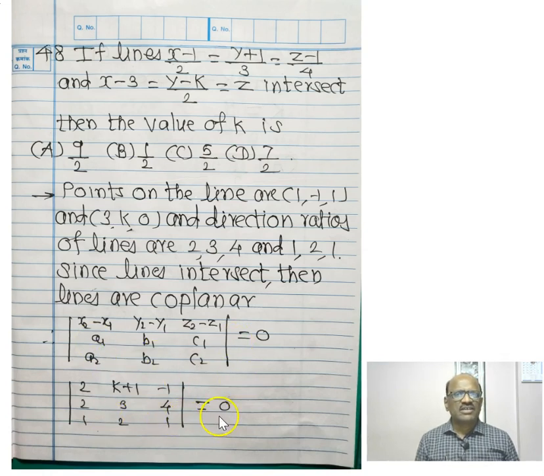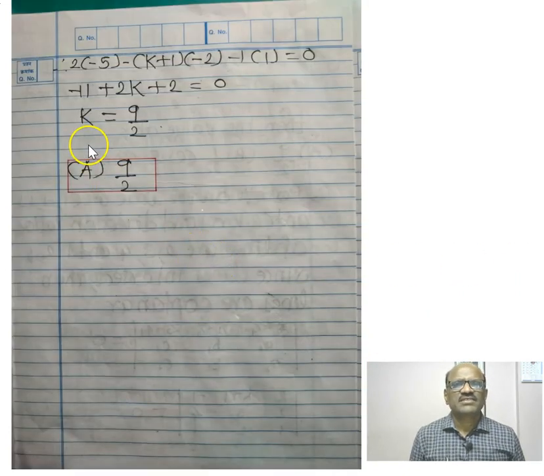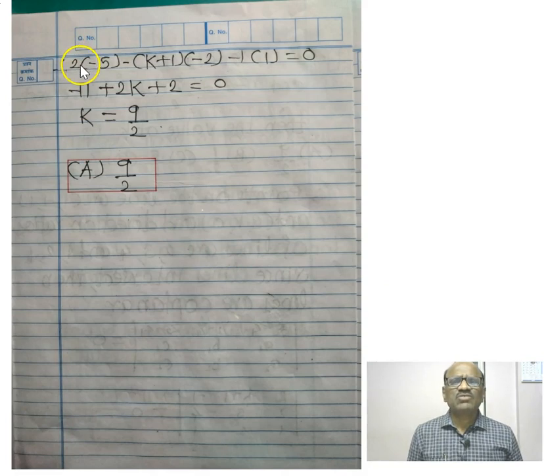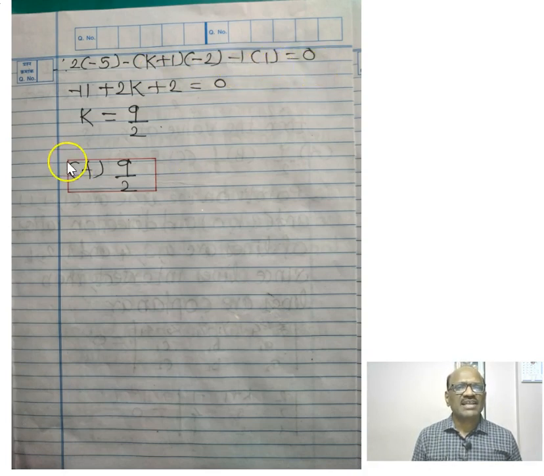Substitute the values; as they are coplanar, the determinant equals 0, and you will get the value of k. That is 2 times (minus 5 minus k) minus (k plus 1) minus 2 minus 1 into 1 equals 0, and hence k equals 9 by 2.